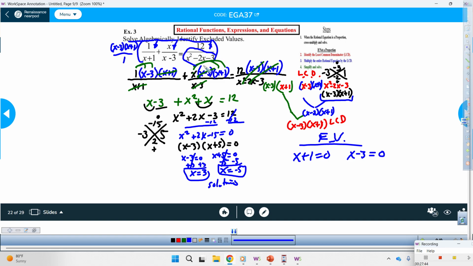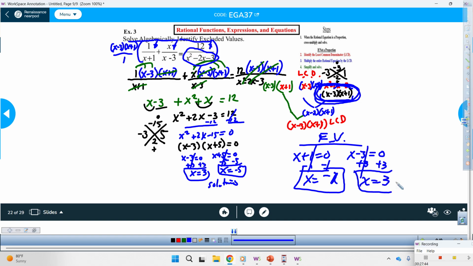So this one equal to 0, but don't we already have those factors here? And didn't we already put them equal to 0? All right, so let's just solve this. Minus 1, minus 1, x equals negative 1, plus 3, x equals 3. So my excluded values are negative 1 and 3.